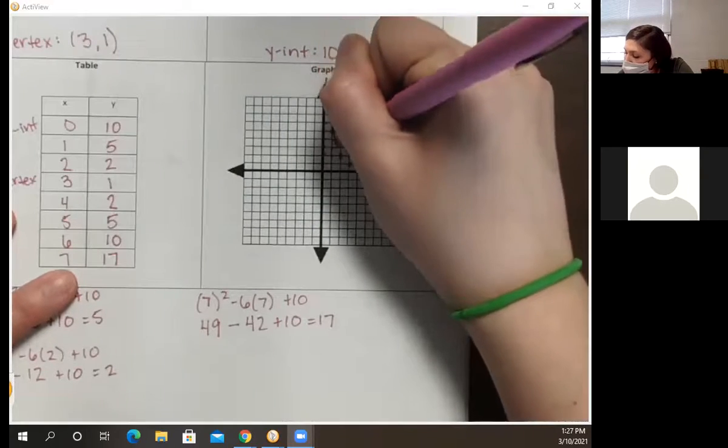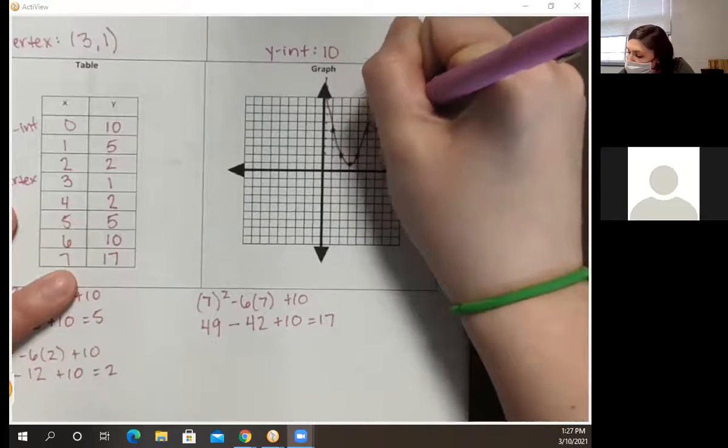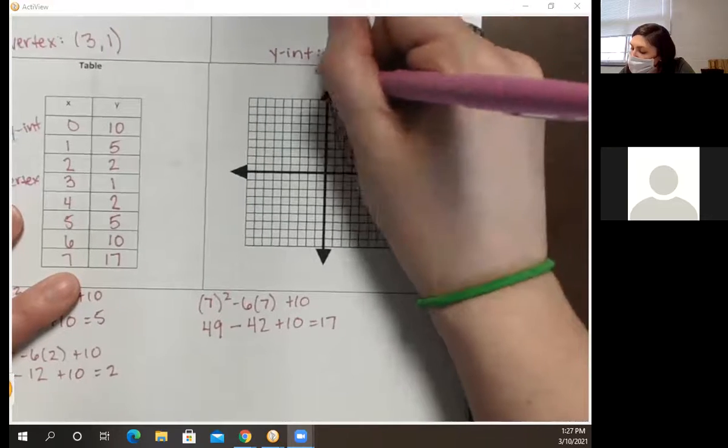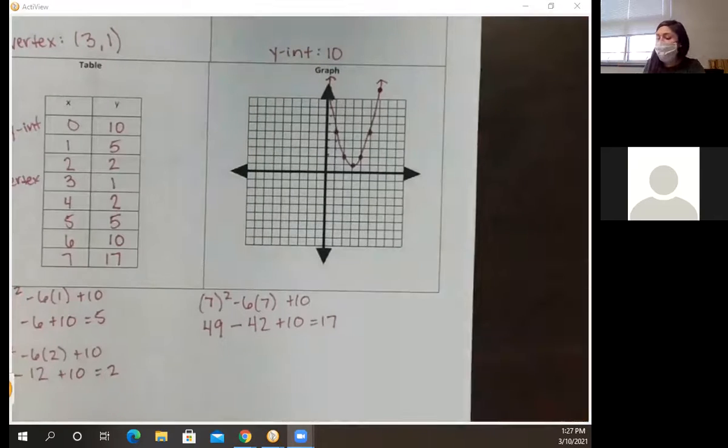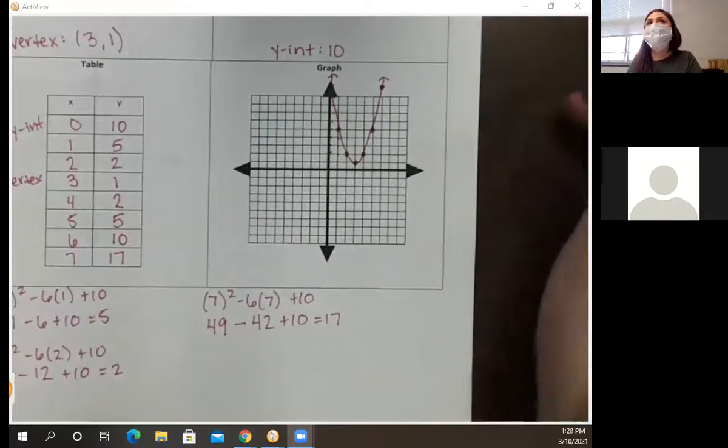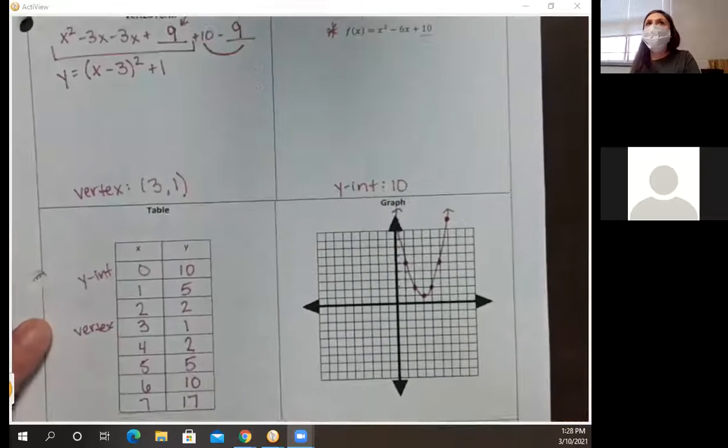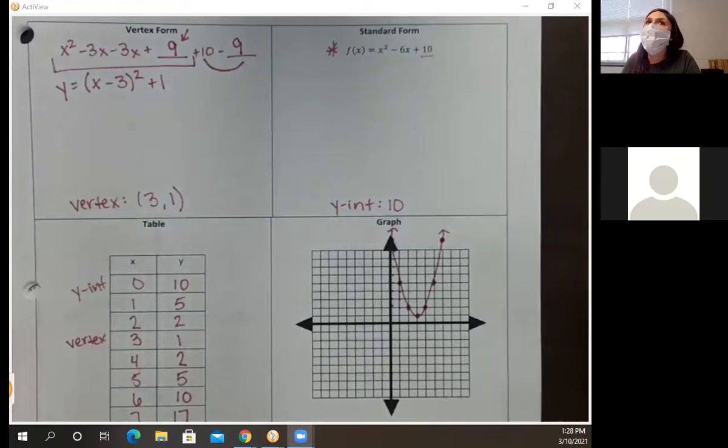Once I've plotted my points, I'm going to sketch in my parabola and put my arrows on the ends. So there are my 4 representations for this quadratic function.